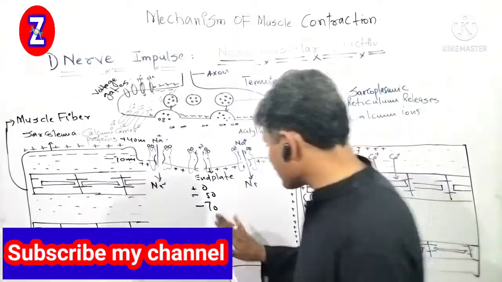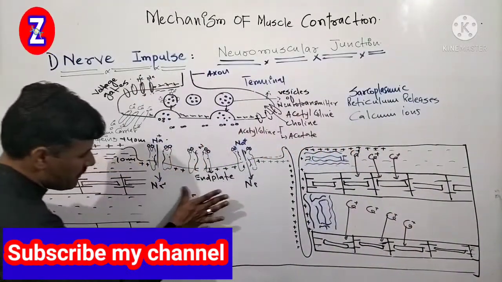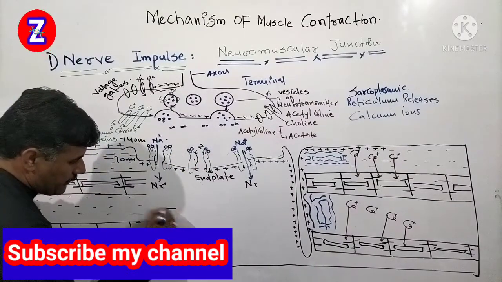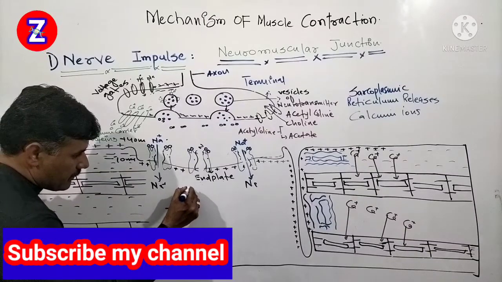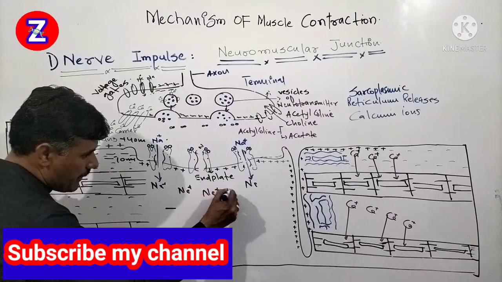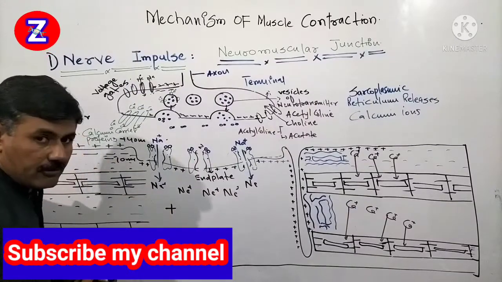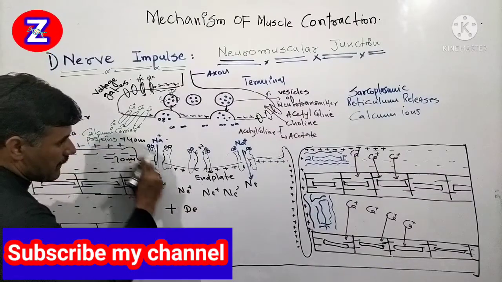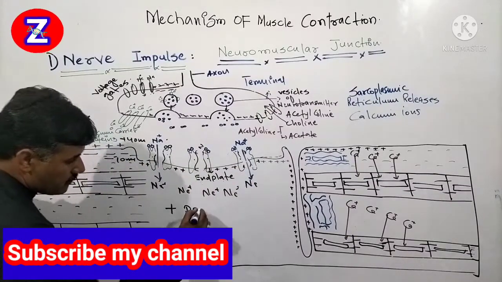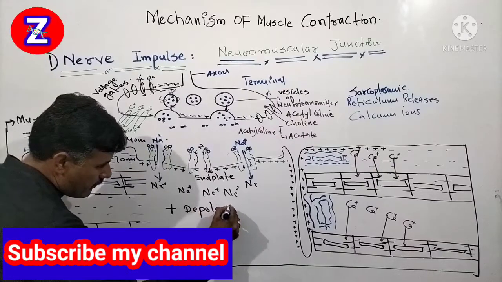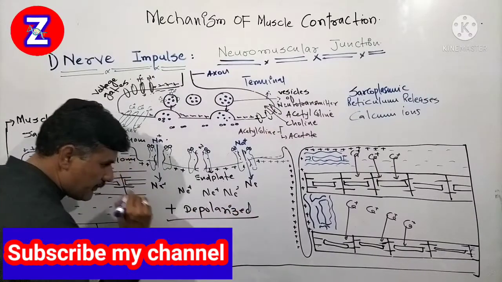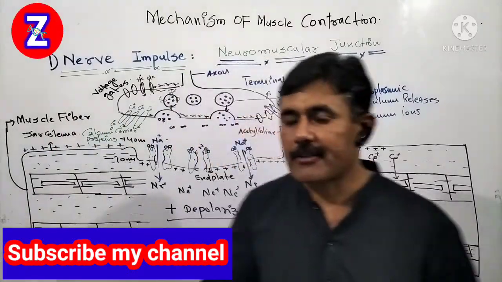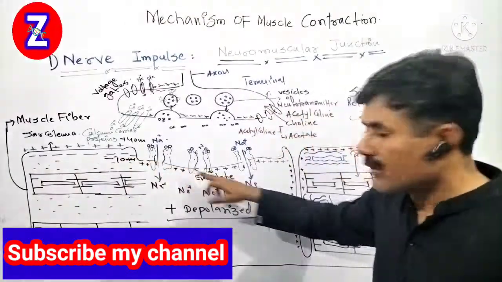And as sodium starts coming inside, the internal membrane, which initially is negative, would start becoming positive. And as the membrane becomes positive, the sarcolemma is depolarized. And this depolarization is a conduction of impulse that is now conducted in the sarcolemma.